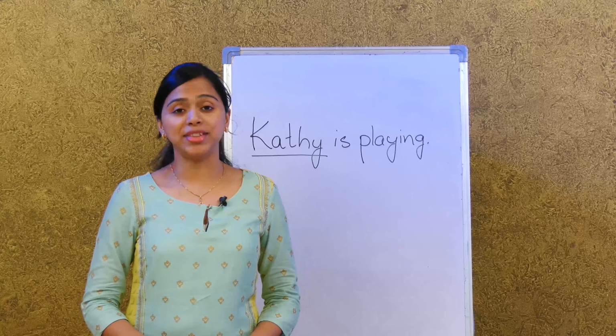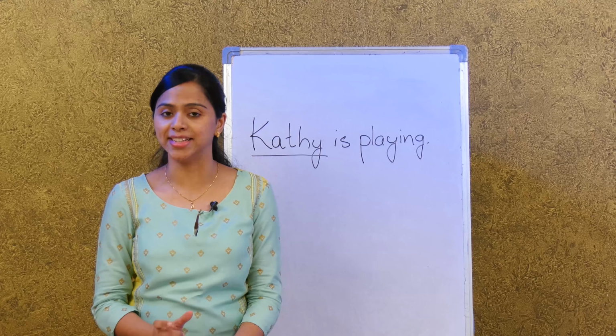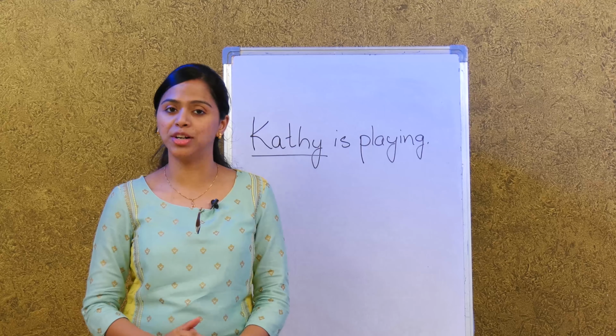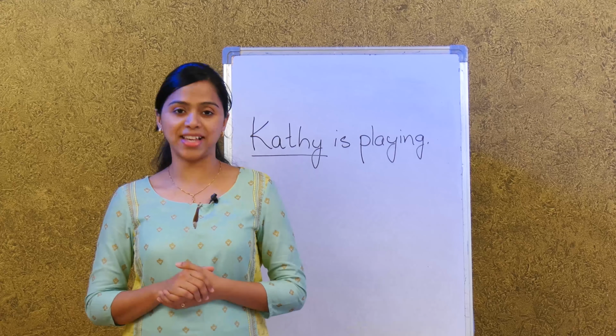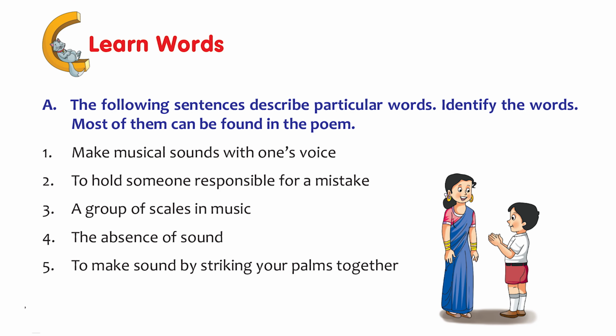Now, based on these words, I'm going to read a few sentences which are like hints, and you have to tell me which is a suitable word for each of these sentences. Now let's see. Make musical sounds with one's voice. It is to sing, right? To hold someone responsible for a mistake. It is fault.